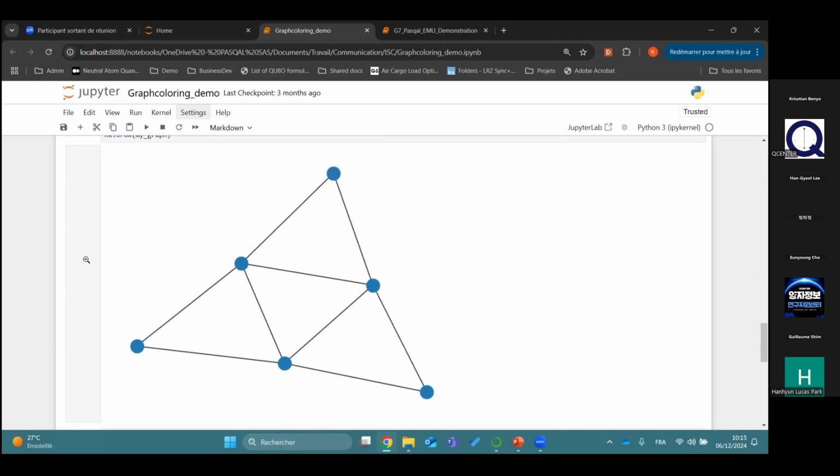So in the execution, I have generated this 6-node graph, which is a very simple graph that has a particular quirk. When you try to do a minimum vertex coloring, the optimal solution, as we will see, is to color the graph with 3 different colors.